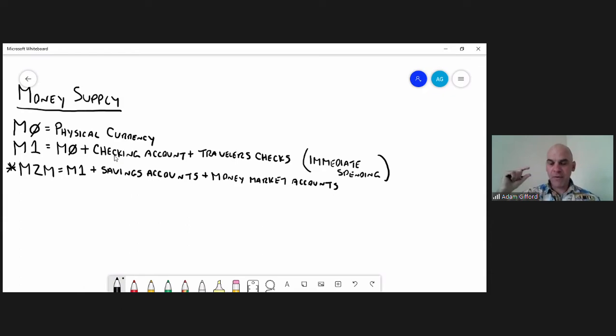Basically from the close, about 5 o'clock when the bank closed, until 8 o'clock the next morning, that money was being invested in some other bank around the country. From that, I was able to get a little bit of interest off that money and still have it there to use every day. That's what a money market account is.